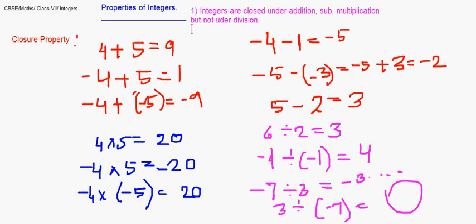Let's move on to take up the next one, which is the commutative property of integers. Our second property is the commutative property of integers. Now what does this say? Let's see.